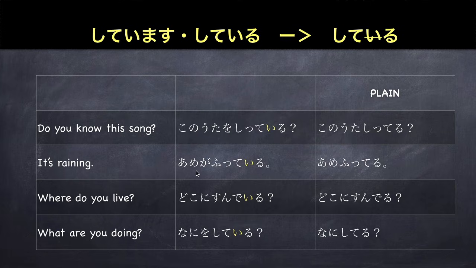It's raining. 雨が降っている. 雨が降ってる. Where do you live? どこに住んでいる? どこに住んでる? What are you doing? 何をしている? It becomes 何してる?